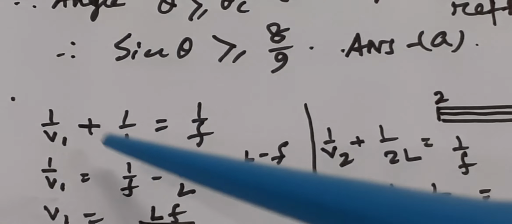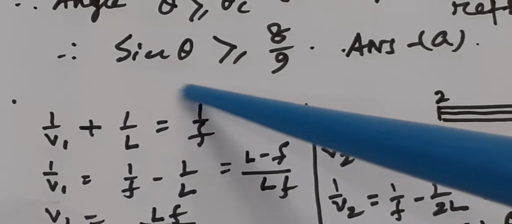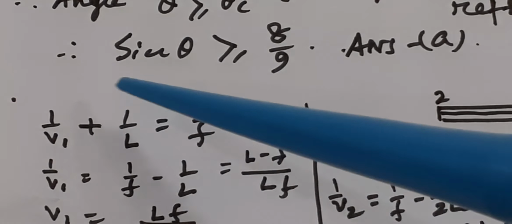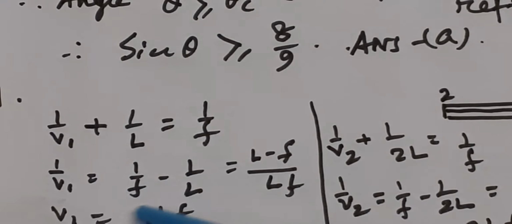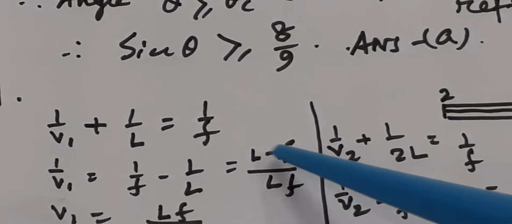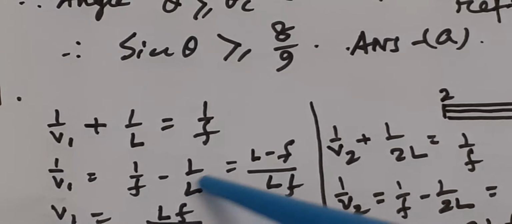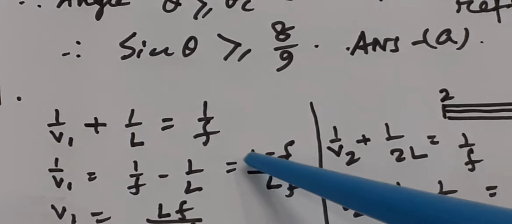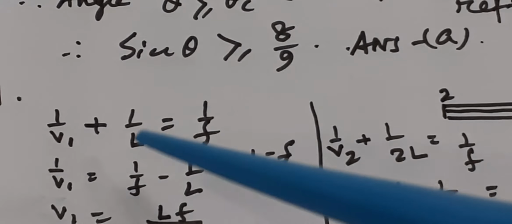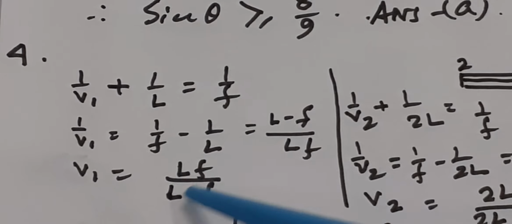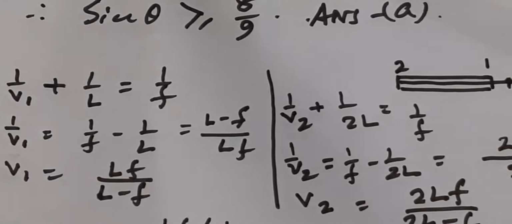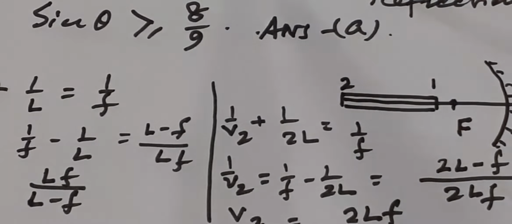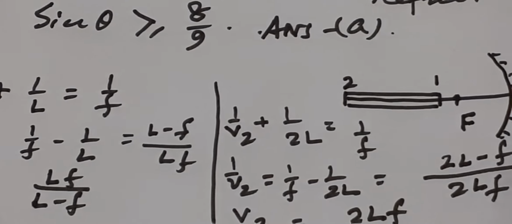Similarly V will form negative, and F as well. So the formula is 1/V1 plus 1/L equals 1/F, putting L instead of U. Now from here V1 will be available: taking the LCM, L minus F will come in the numerator, and then it is just the reciprocal, LF divided by L minus F. That is the first point's image position with respect to the pole of the mirror.